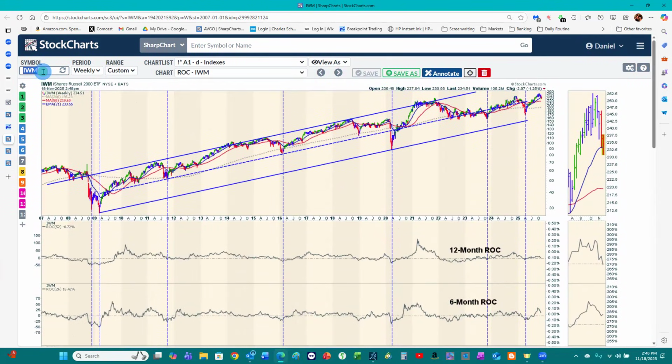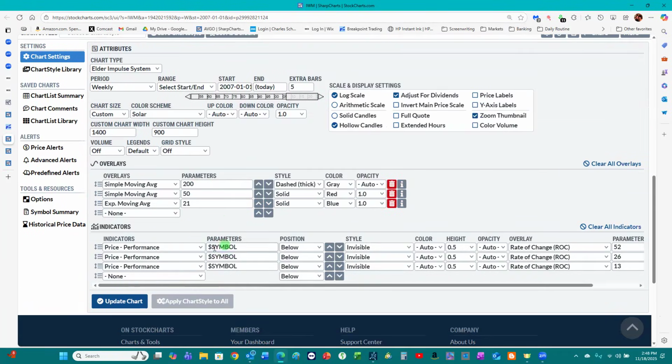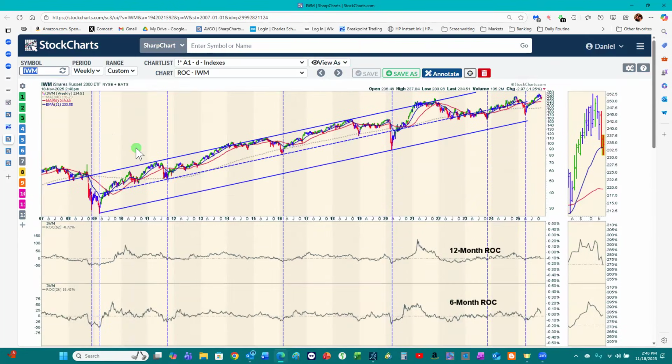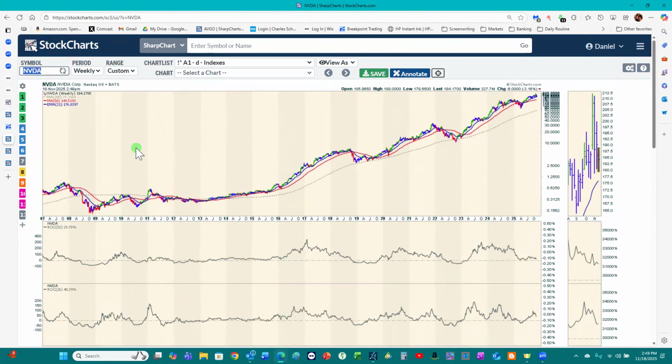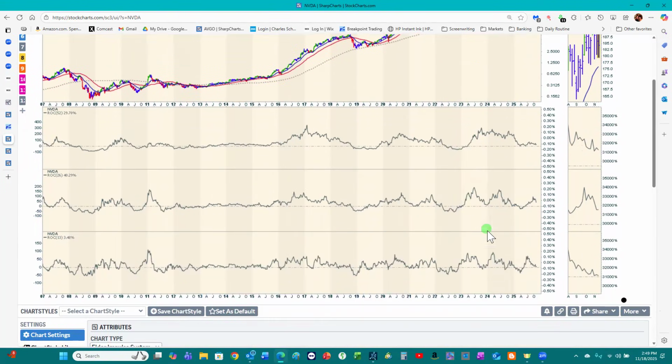You can also use that for other individual stocks. So remember the way I set this up down here, I put in $ symbol, which means anything I type in up here will give me the rate of change, the same rate of change for the symbol. So here's NVIDIA, and you can see NVIDIA now is sitting right on the zero line for the 13-week, the 1 quarter, and still above for the 26 weeks, sorry, half a year, and the 1 year is still above zero as well.